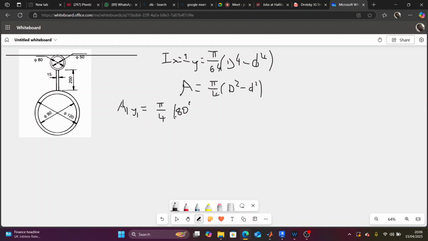Minus 50 square. Now, what is y? Y is the distance from the reference plane to the center. What is that distance? No, it starts from the top to the center. Oh, so it is 40.